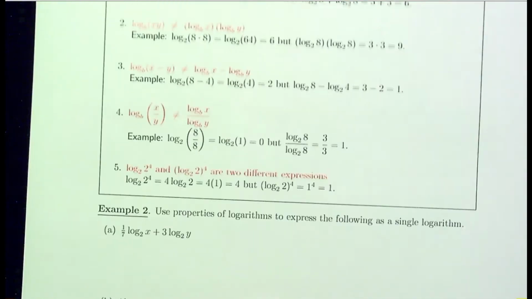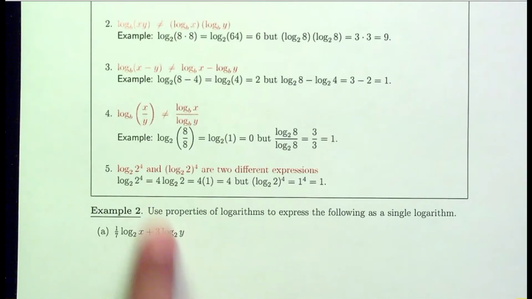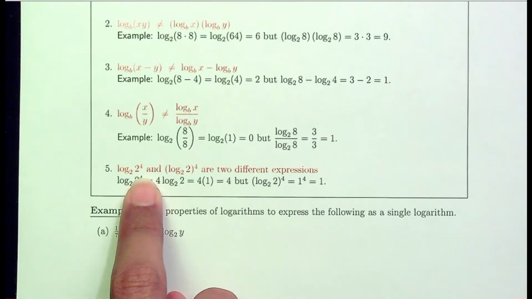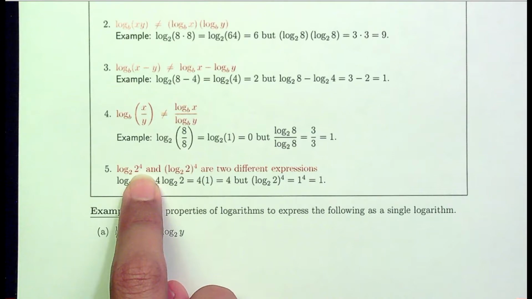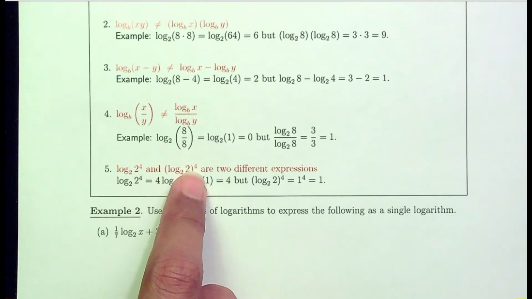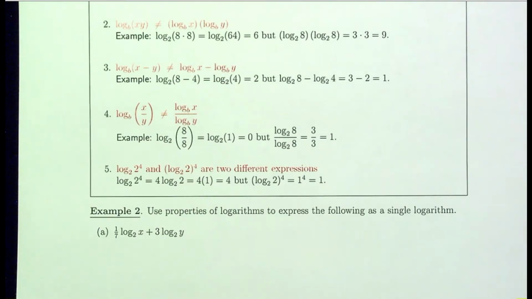And lastly, when you see an exponent like this, for example this 3, that's only for the term that is inside. It's not for the whole thing. Let me write that.